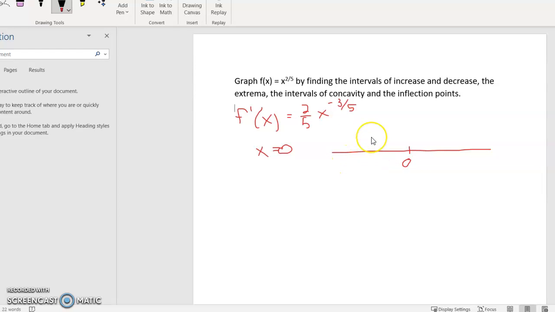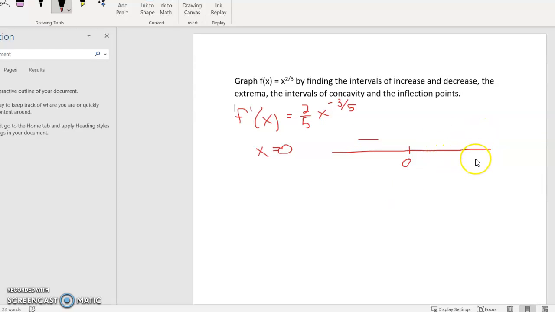If we choose something over here, let's say a 1, or I'm sorry, negative 1 is over here, not 1. If we raise negative 1 to the negative 3/5 power, and you can put this in your calculator if you have difficulty thinking about that, we will get a negative 1. And if we multiply it times 2/5, that'll still be a negative answer, so this is negative over here.